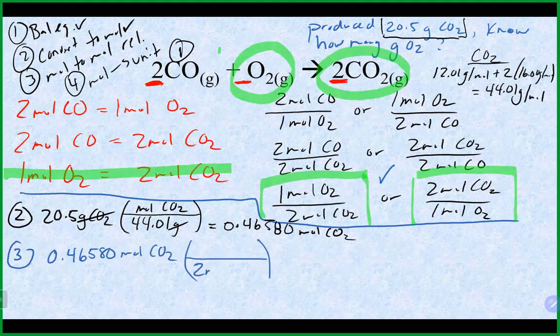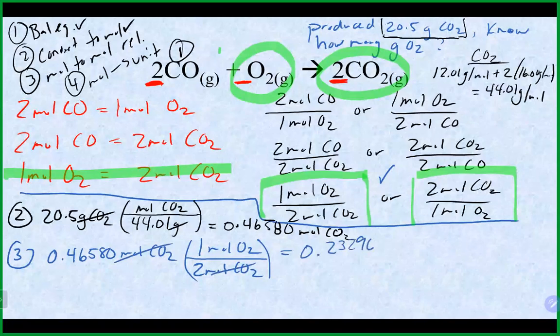I'm going to put the 2 moles of CO2 on the bottom and 1 mole of O2 up on top. That's the big stoichiometry step right there. We're going to take it and divide it by 2, and that is going to give me 0.23290 moles of O2 in this case.